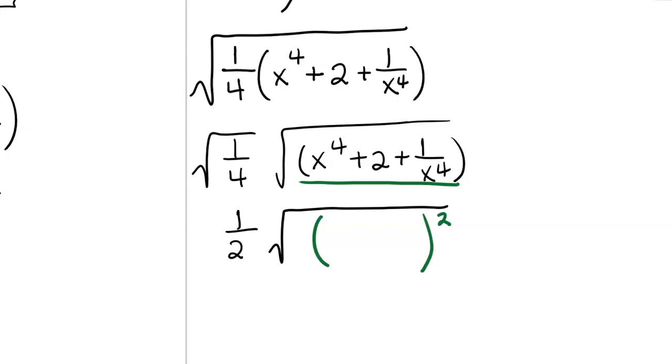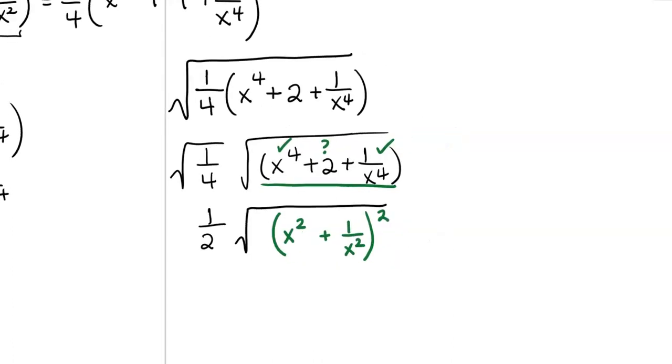So what we're basically going to be doing is factoring that weird expression that's under that square root. Okay, so the first term of this must be x squared because it is by squaring x squared that you're able to get x to the 4th. And the last term of this needs to be 1/x squared because it is by squaring 1/x squared that you get 1/x to the 4th. We have not yet checked on whether or not we will get that 2, but we would.